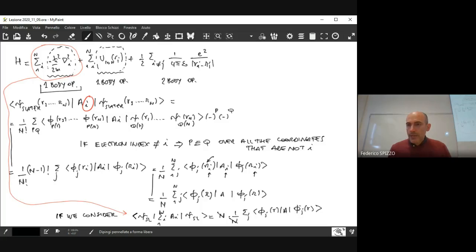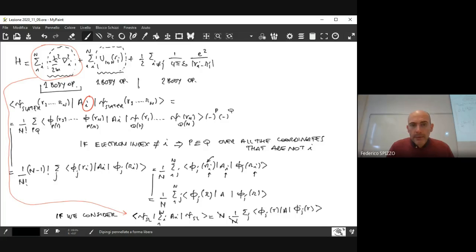So no major changes with respect to the Hartree picture, and no major changes with respect to the independent electron approximation, because also in that case, if you wanted to evaluate the total energy of the system, due for instance to the kinetic contribution, you just sum up the expectation values of the operator over all the possible electronic levels, and then you have the final value of the energy. So from the point of view of one-body contributions, we have no major changes in the final value of the expectation value.